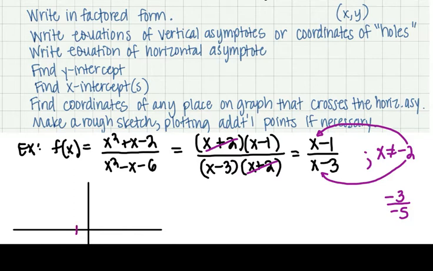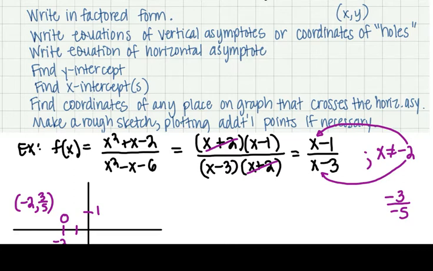So at negative 2, positive 3/5, I have a hole in my graph. So that hole is at negative 2, positive 3/5. And this is a 1 right here.